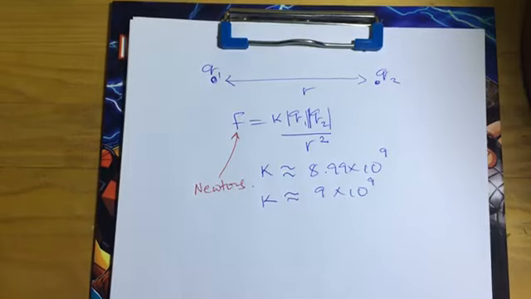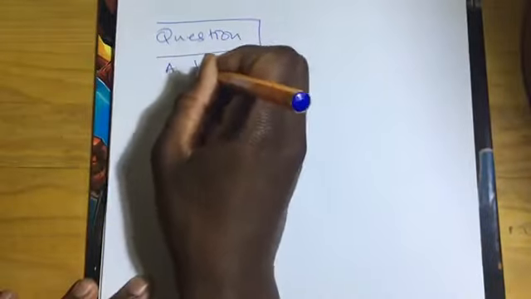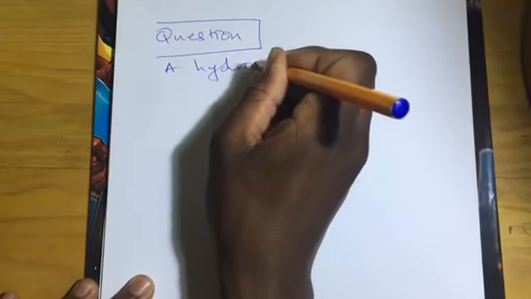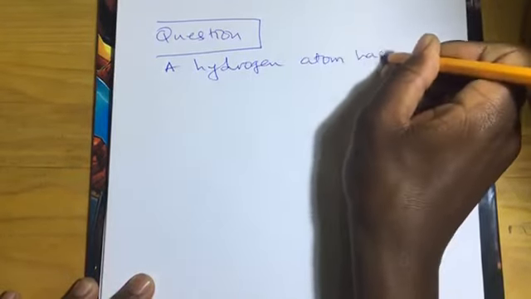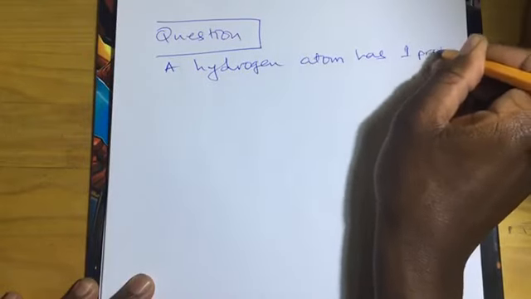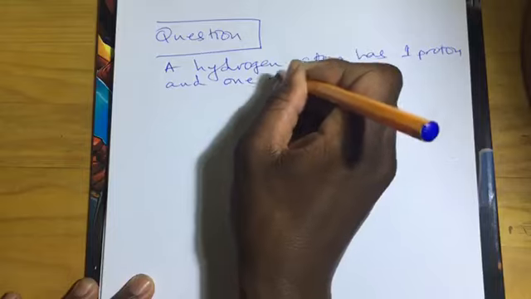Okay. So let's do a question. A hydrogen atom has 1 proton and 1 electron.